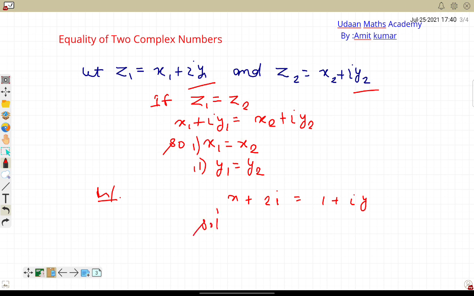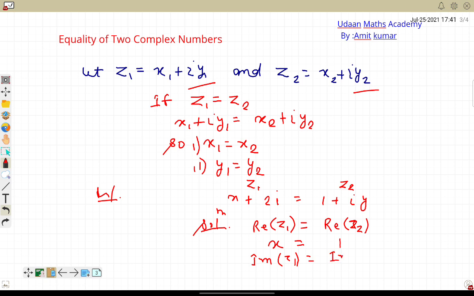So how we can find the value of x and y? We can equate the value of real part with real part. So let's say this one is z1 complex number and this one is z2 complex number. So how we can write? Real part of z1 must be equal to real part of z2, first part. So x is real part of z1 and 1 is real part of z2. So x is equal to 1 and imaginary part of z1 must be equal to imaginary part of z2.